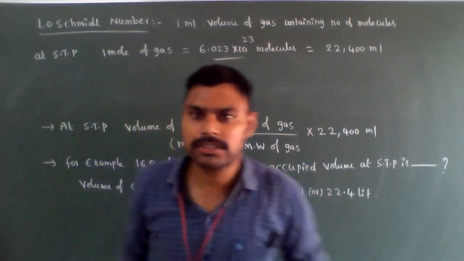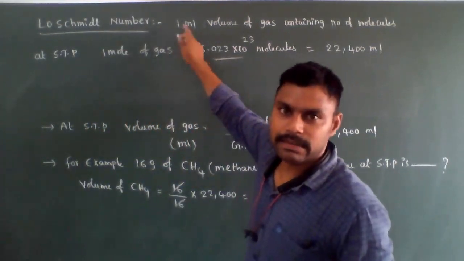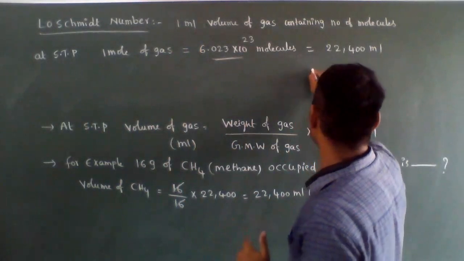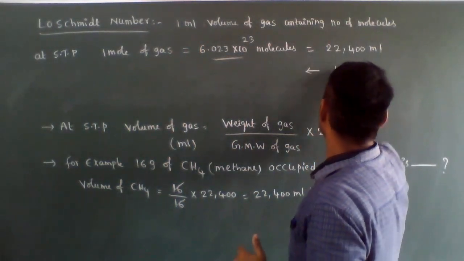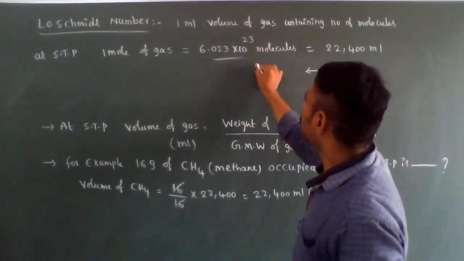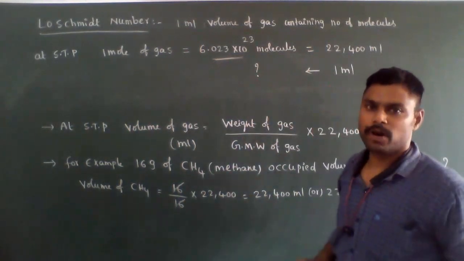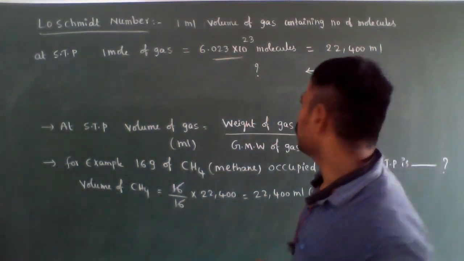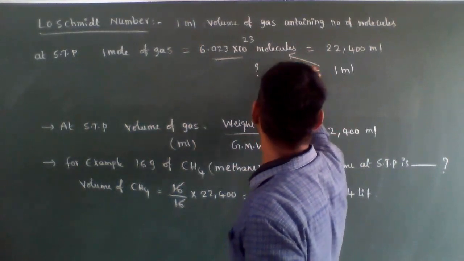But what is Loschmidt number? It is the number of molecules present in 1 ml of volume. Just do cross multiplication.